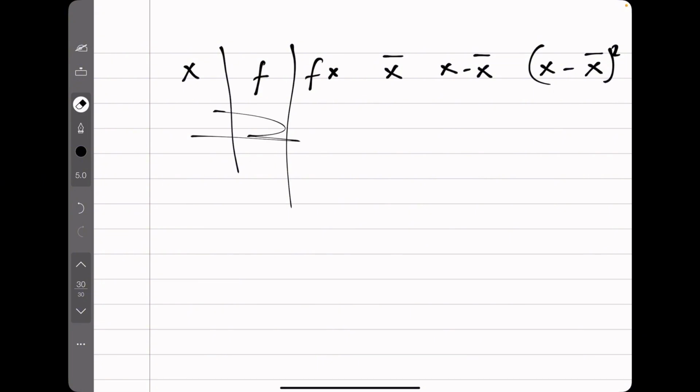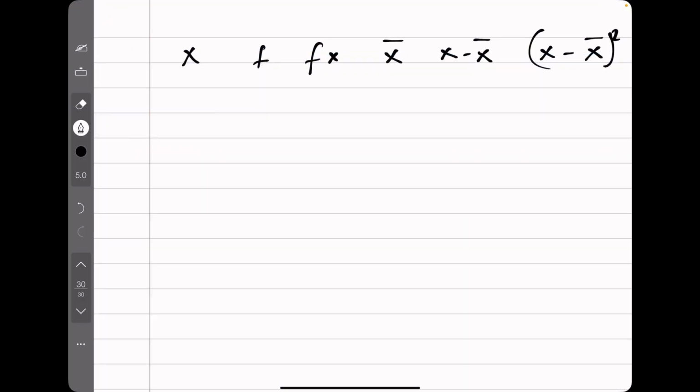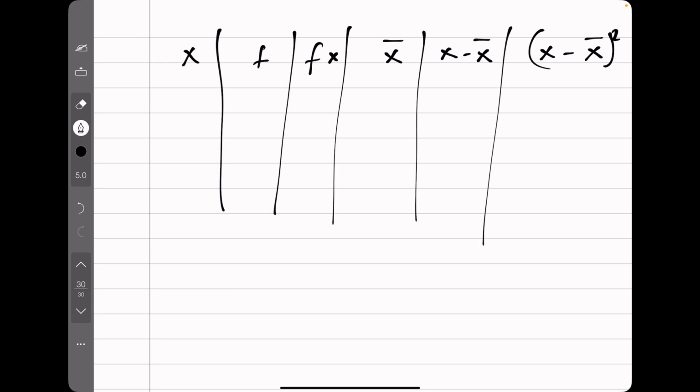I make my lines. So this is x, fx, x bar, x minus x bar.